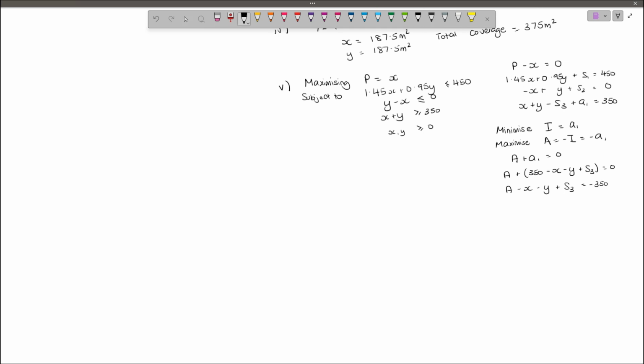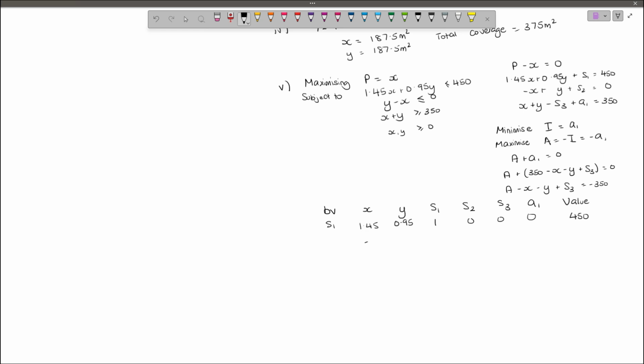So we've now got all of our necessary equations, so we can write down our basic variables. We can write down variables x, y, s1, s2, s3, a1, and our value. And we've got 1.45x plus 0.95y plus s1 is equal to 450, with basic variable s1.